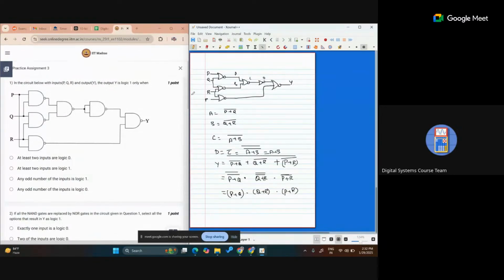Okay, there is a 3 input AND gate, and the AND gate output will be 1 when all its inputs are 1. So ultimately these 3 sum terms need to be 1. In this case, an OR gate is there. Either P is 1 or Q equal to 1.